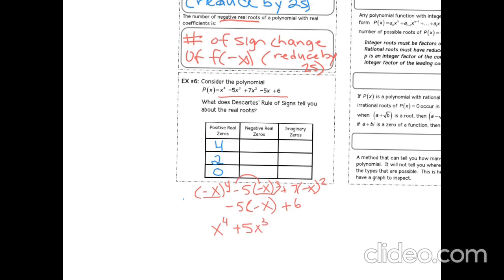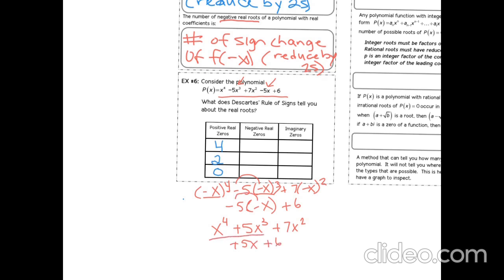Remember, we've talked about before, everything with an odd degree is going to change signs. Now I have 7 times negative x squared. Well, negative x squared is just going to cancel, and I'm just going to get a positive x squared. Here I'm going to get negative 5 times negative, which is a positive 5x. And then the constant's a constant. It's not going to change.